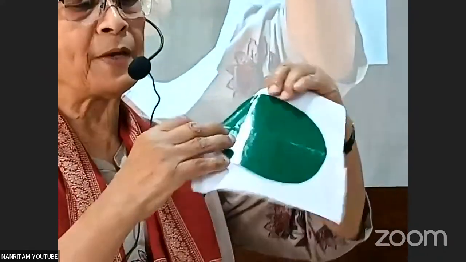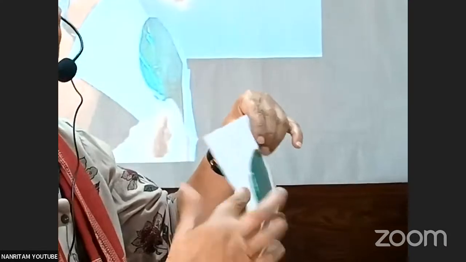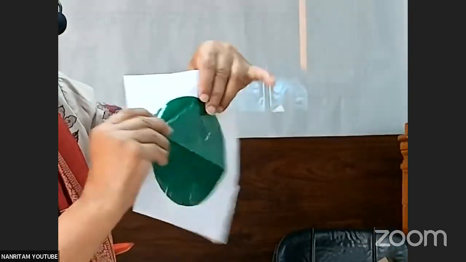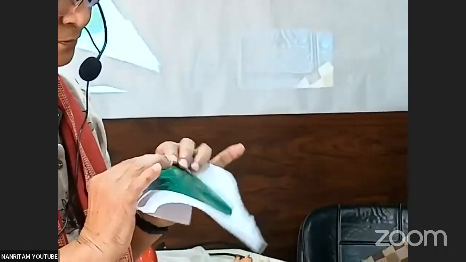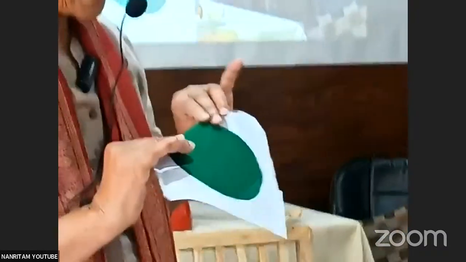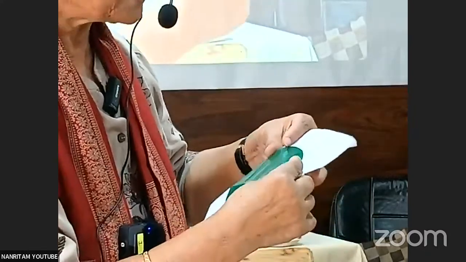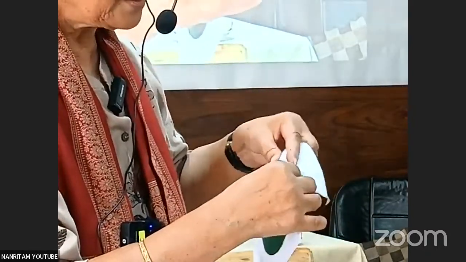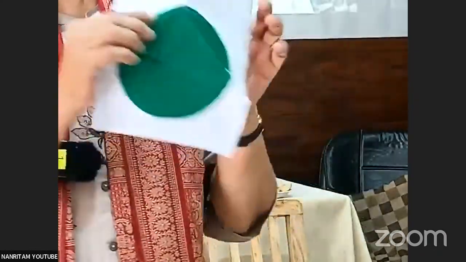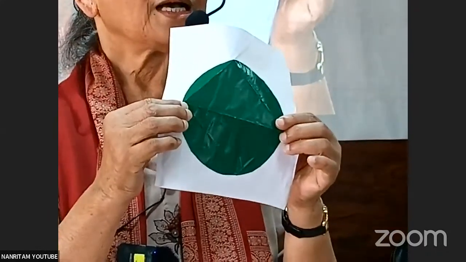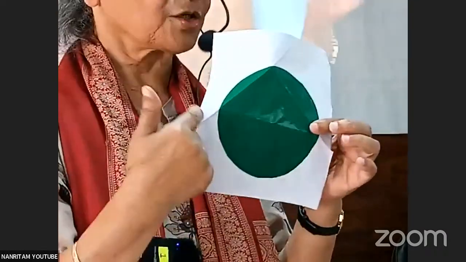Fold the paper from the circumference point to one end of the diameter, and another fold from this point to the other end of the diameter. What will they find if they measure it with a protractor? A right angle.